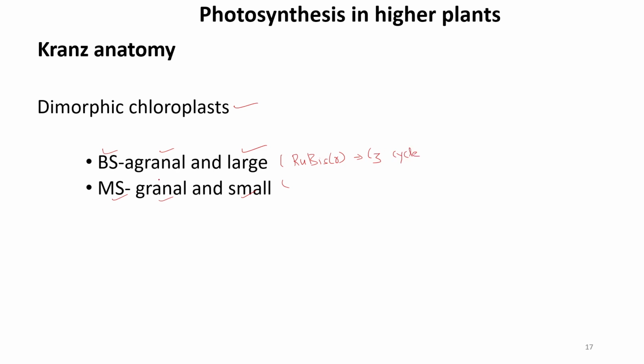And the mesophyll cells contain another enzyme known as PEP carboxylase. This enzyme helps in the primary carbon dioxide fixation.